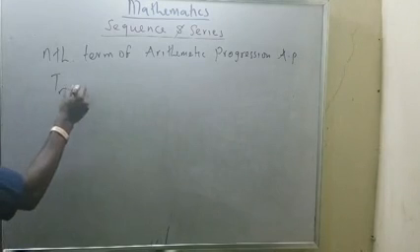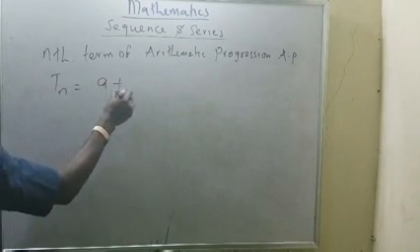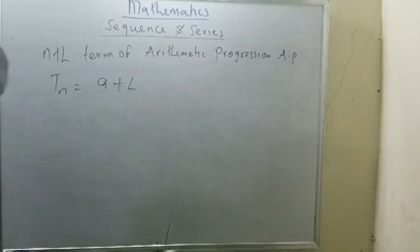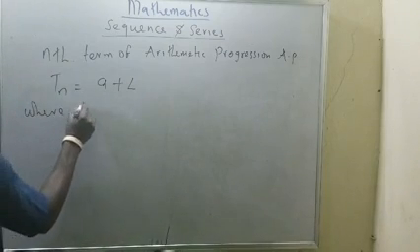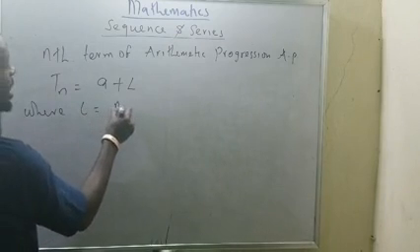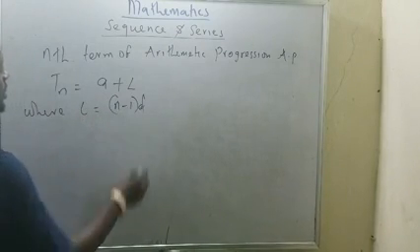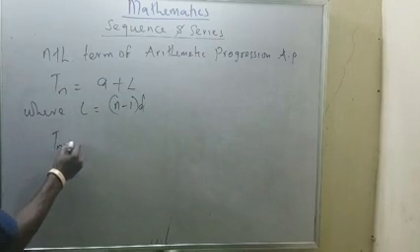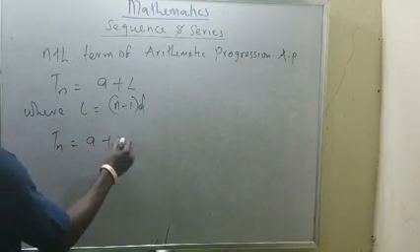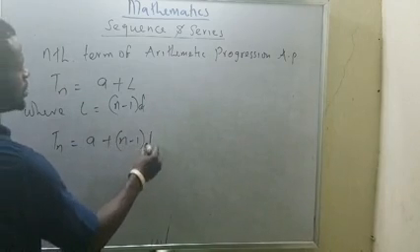The nth term equals the first term plus the last term, where my last term is equal to (n minus 1) times d. It means my T of n equals a plus (n minus 1) d.